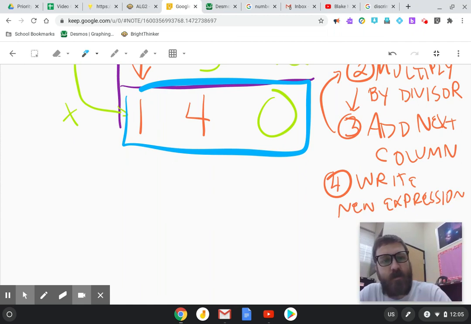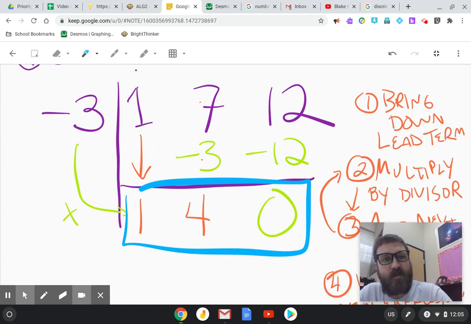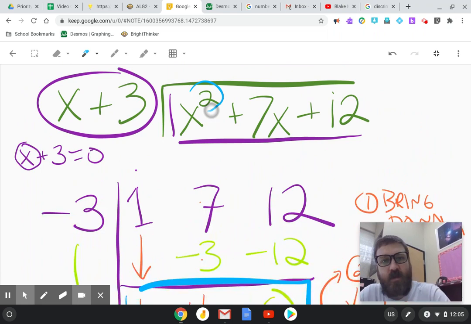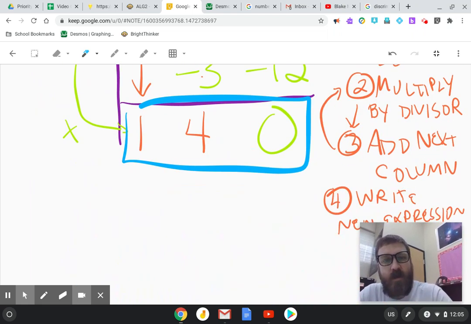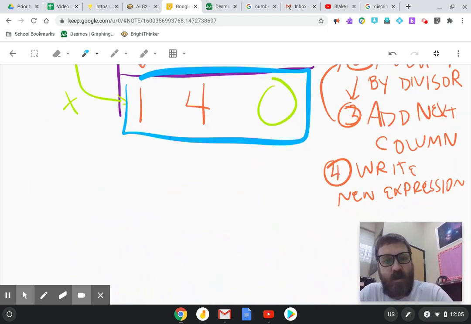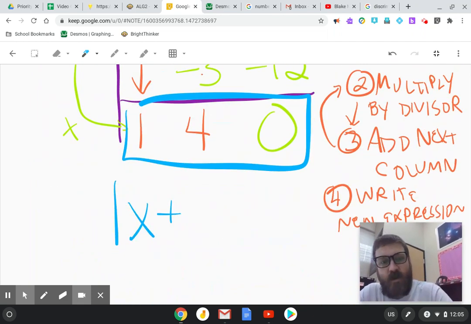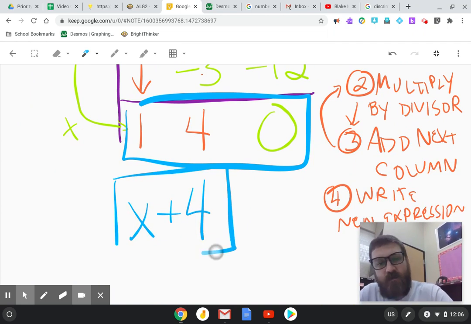So it's going to be one degree less than what I started with. Since I started with x squared, this first term, this 1, is going to be just 1x plus, and then I go down one degree. So 4 is just going to be 4. Now, obviously, there's nothing in the final term because we got 0. But if there were, that would be the remainder of this answer. So the final answer is x plus 4.